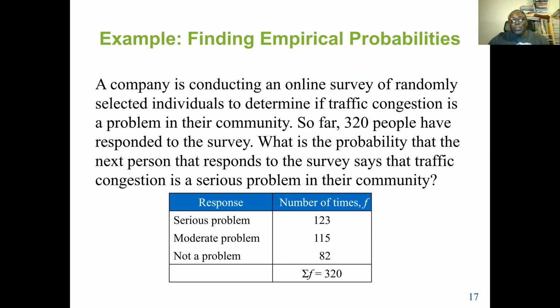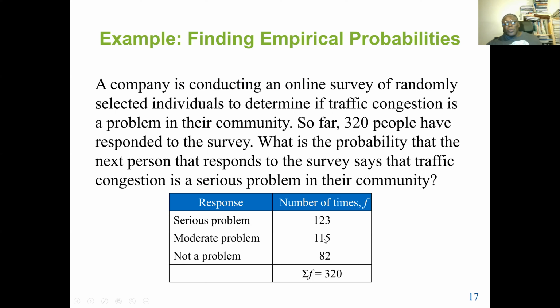What is the probability that the next person that responds to the survey says that traffic congestion is a serious problem in their community? So here we know the values are serious problem, moderate problem, not a problem. So far 320 have responded to the survey, and this is their result in the table.